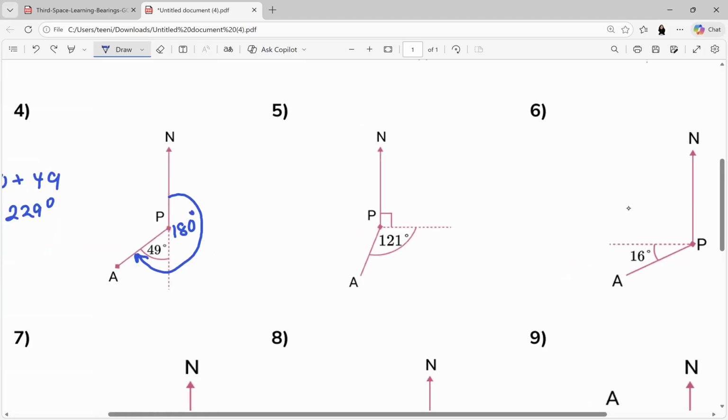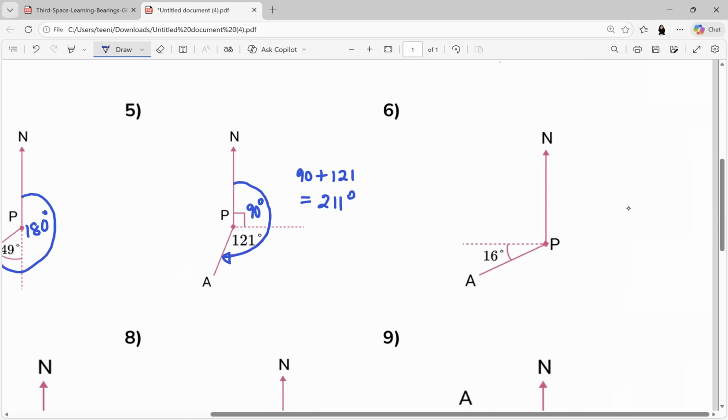That angle is made up of this one, which is 90 degrees, and this one that's 121 degrees. So therefore, the bearing here will be 90 plus 121, which gives me 211 degrees. So that's the bearing.